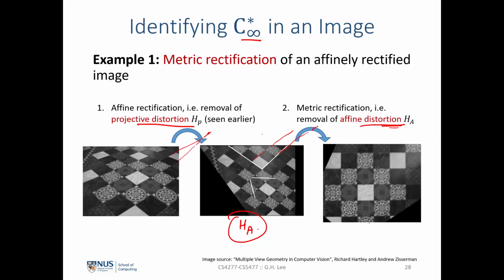But after the removal of projective distortion, parallel lines become parallel, but we are still not able to recover the angle here, where the true angle is supposed to be 90 degrees, but apparently it doesn't appear so on the image. So the next step is that we are going to identify C infinity star prime on this image, and then making use of this, we'll be able to compute HA and remove it. Then we can see that after the affine distortion removal, the perpendicular lines would become perpendicular again here.